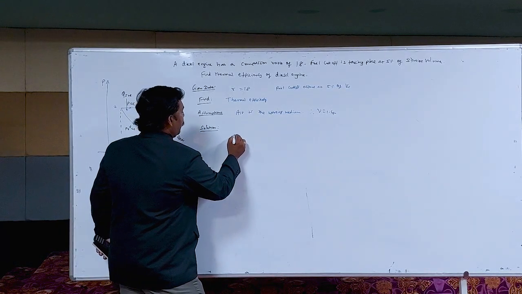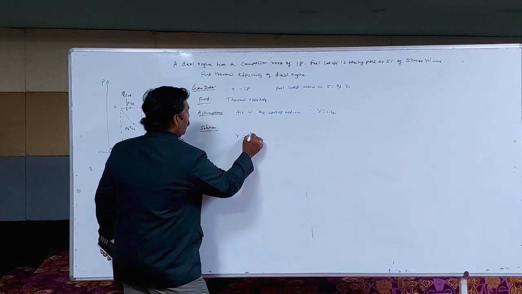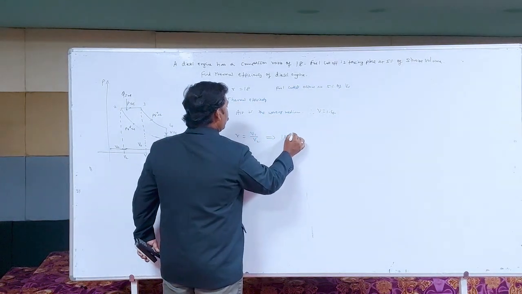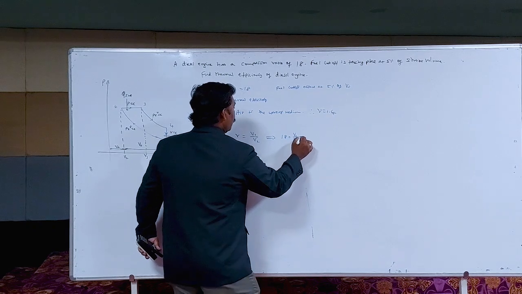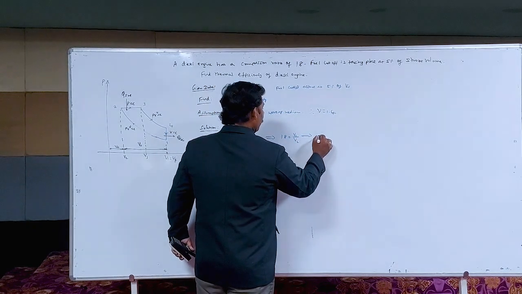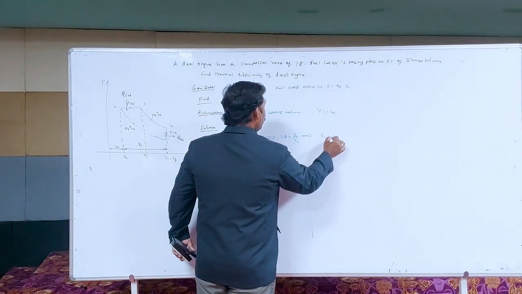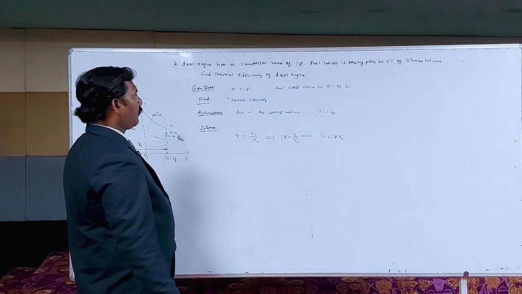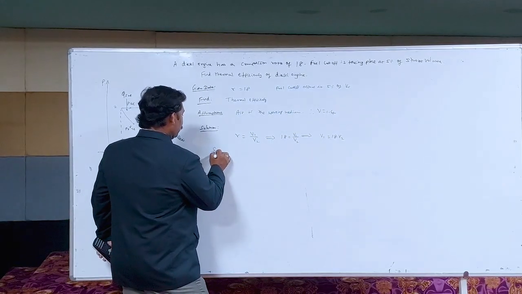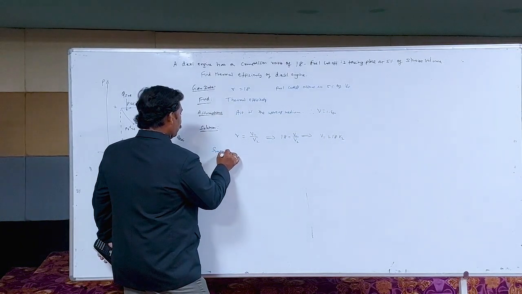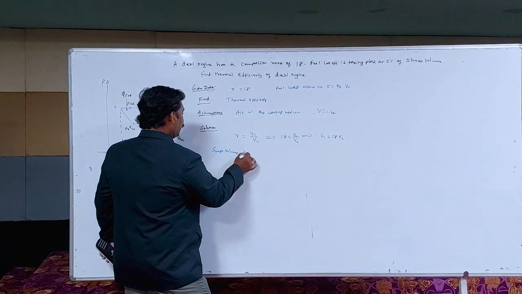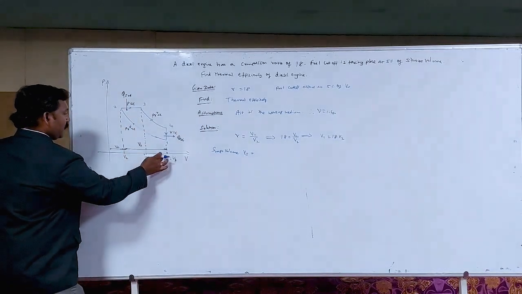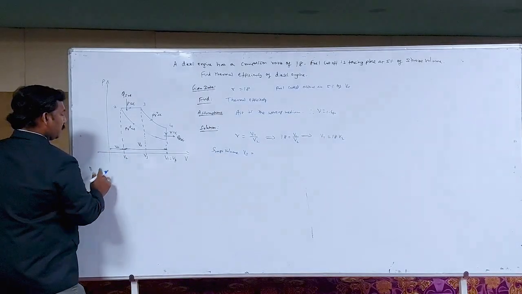And we know compression ratio r is equal to V1 by V2, and from this 18 is equal to V1 by V2, so we can write V1 is equal to 18 times V2. Now we have to find out the swept volume Vs. If you look here, the Vs is V1 minus V2, right?